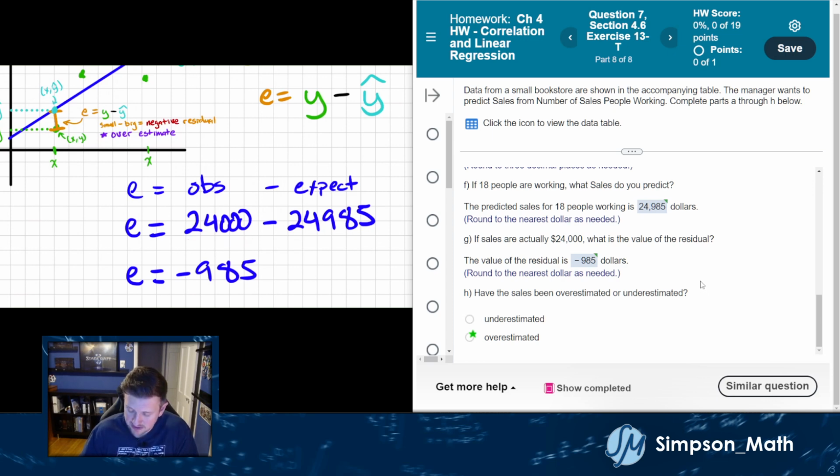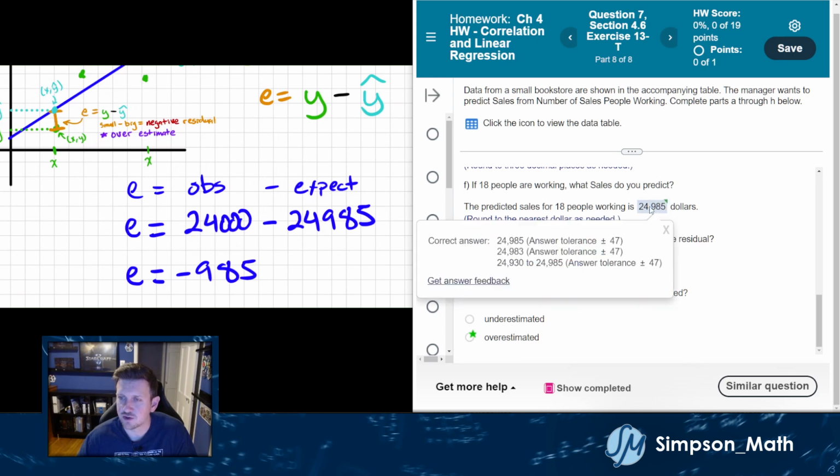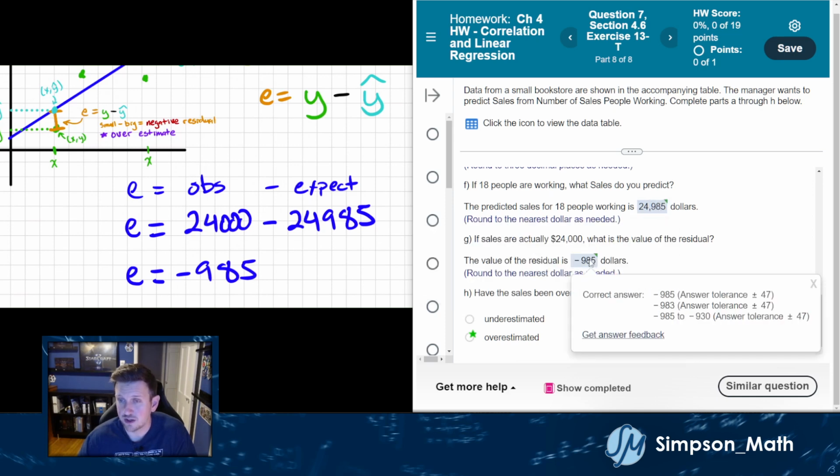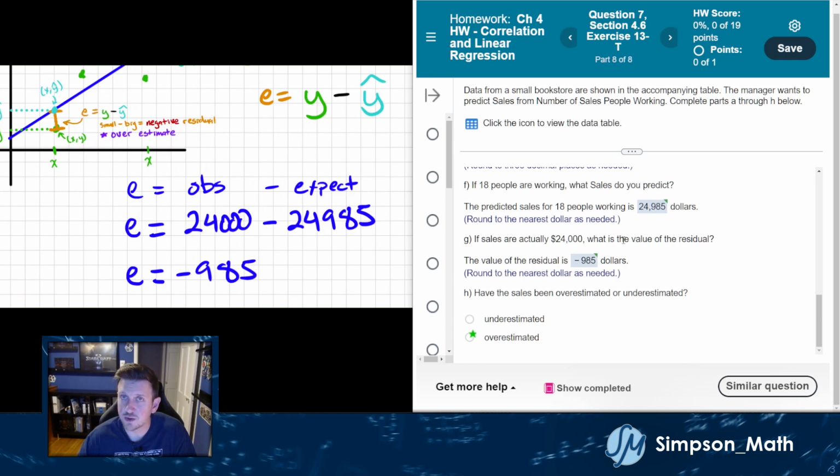Well, observed minus expected, we get a negative 985. Just a reminder that whatever you use here, it should give you that same amount of tolerance. So we have the same options about a wiggle room. So don't stress about questions leading into each other. MyLab should have taken care of that already.